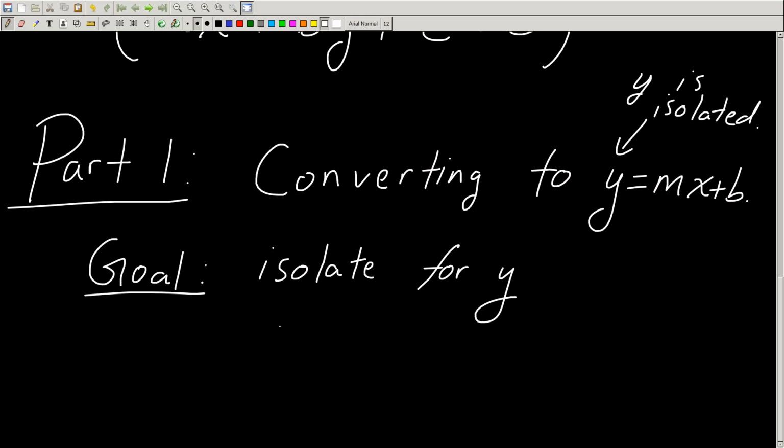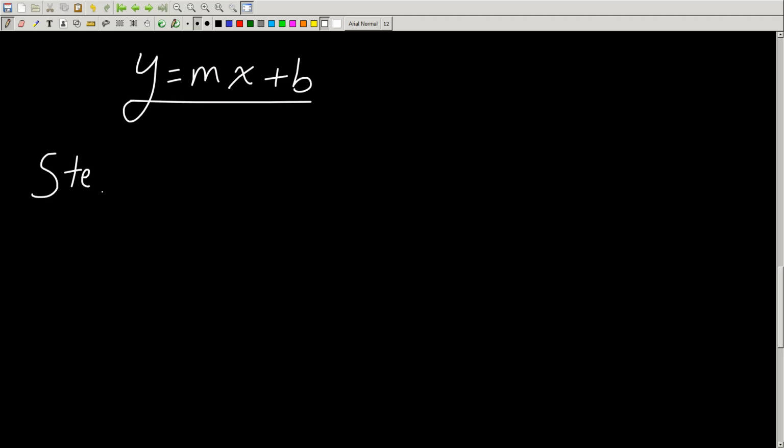So here we go. What are the steps involved to isolating into y equals mx plus b form? So to get to y equals mx plus b, here are the steps. Step 1.